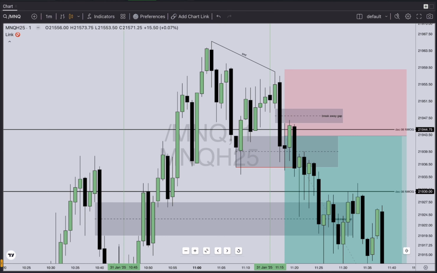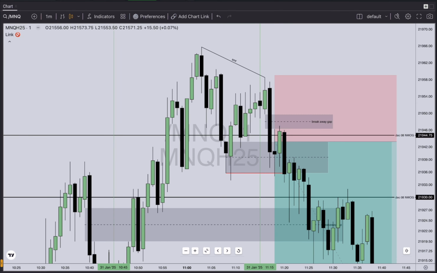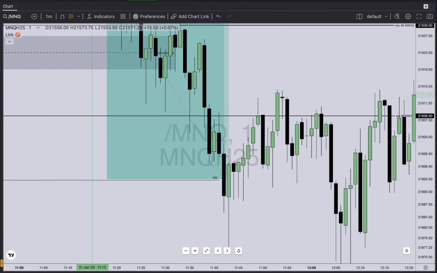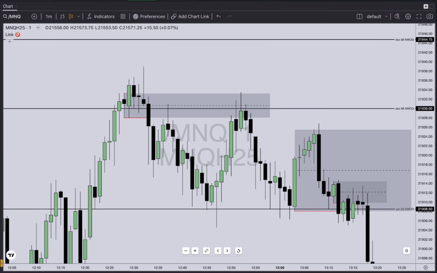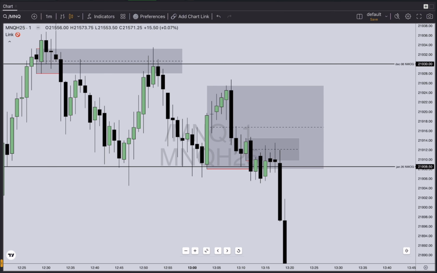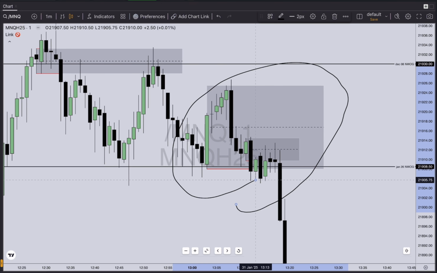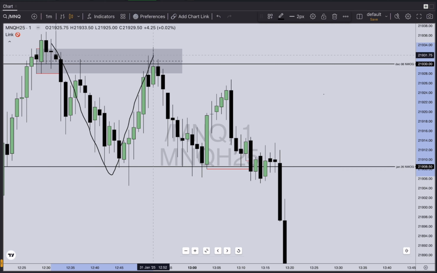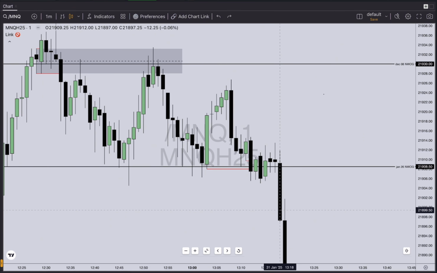Now, a bearish order block is, let's say, for example, the complete opposite. I think I have one marked out here. So a bearish order block is, let's look at this region right here, okay? We have market going in a bearish trend, right?